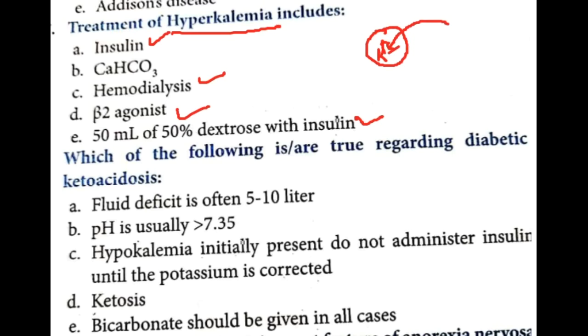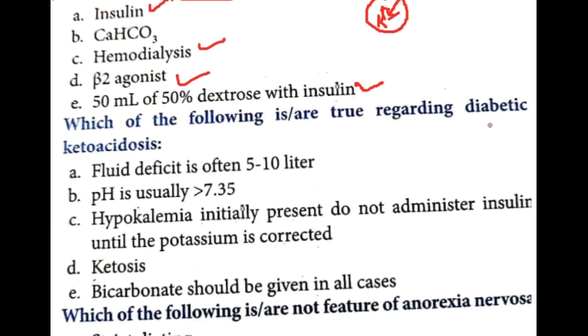Then next question, which of the following is true regarding diabetic ketoacidosis? The fluid deficit in most of the patients is not 5 to 10, it is 4 to 5 liters.